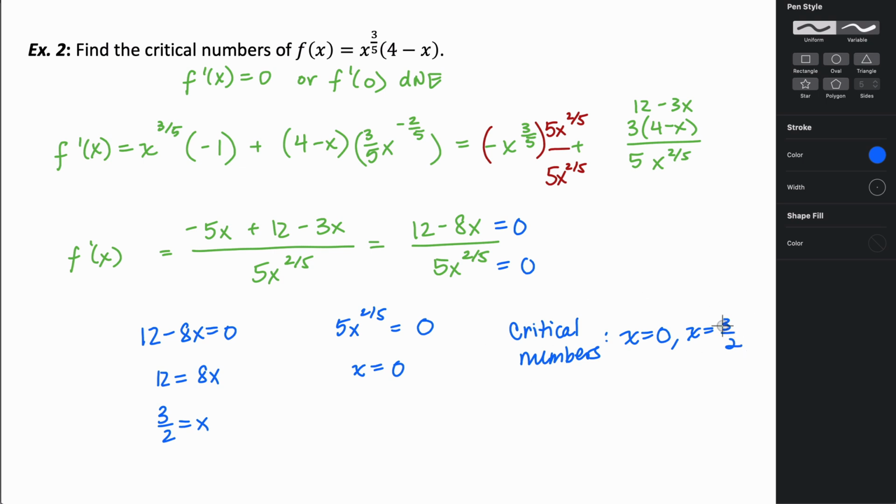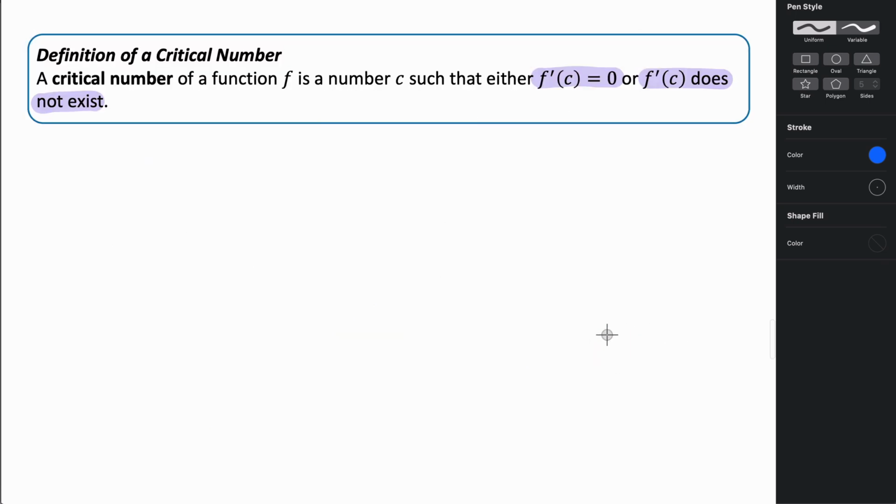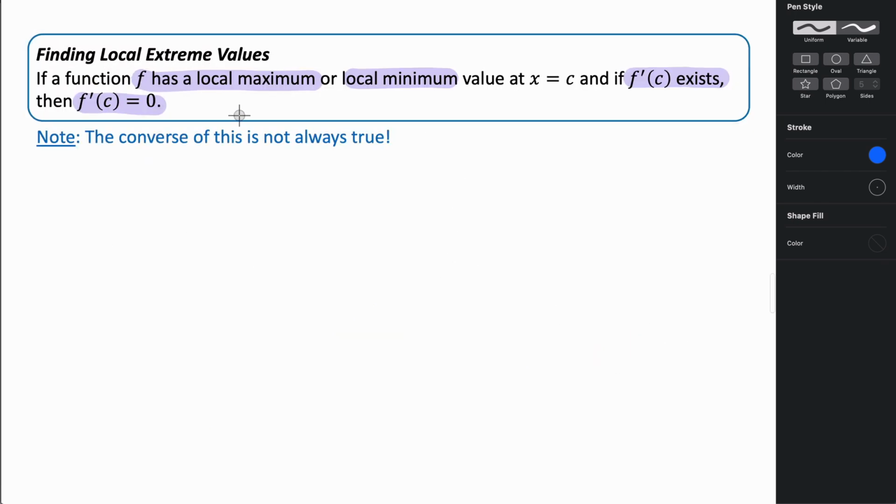Those represent my potential places where I have extremum, right? Where I have absolute maximums or minimums. Or sorry, relative maximums or minimums. Now, one thing to note is if you're looking for a local max or a min, in order for it to actually be a maximum or a minimum, the function has to be defined at that value, right?